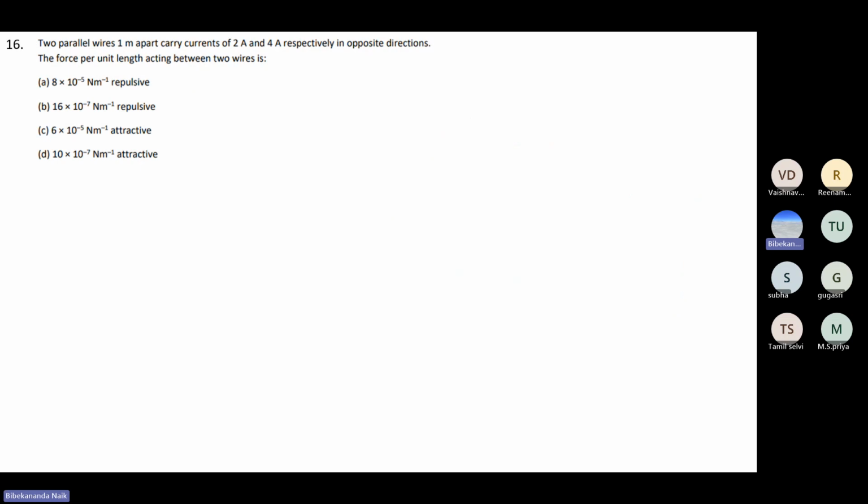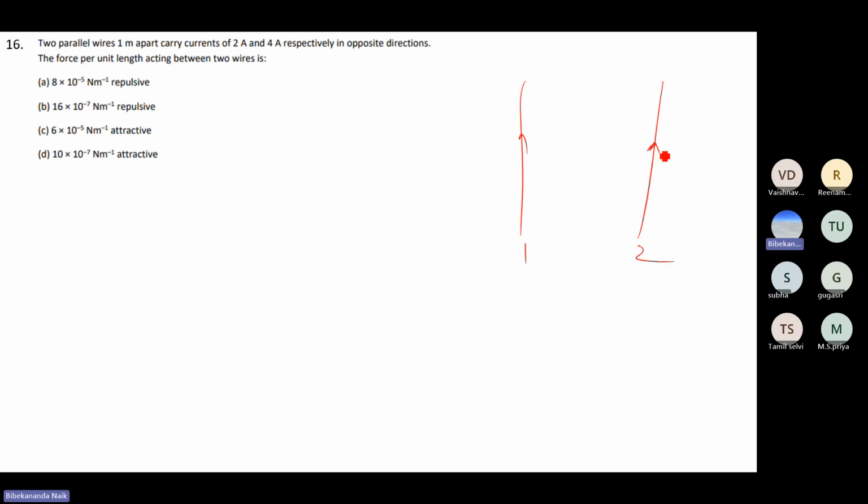Next question. The question says two parallel wires 1 meter apart carry currents of 2 ampere and 4 ampere respectively in opposite directions. The force per unit length acting between the two wires is. So this is a formula based question. Suppose there are two wires, wire 1 and wire 2.